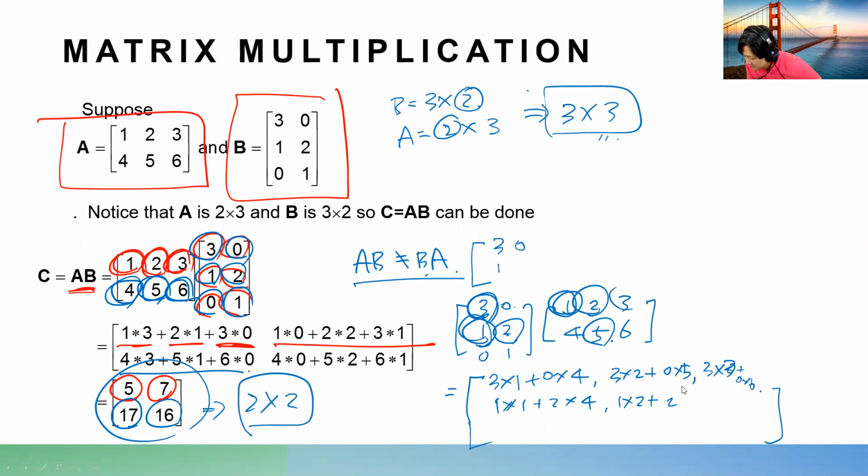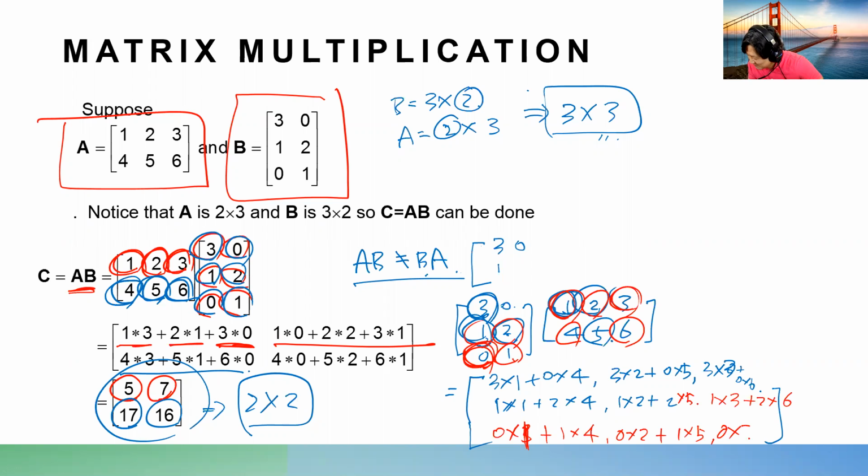And 1 times 3 plus 2 times 6. Then the third row: 0 times 1 plus 1 times 4, and 0 times 2 plus 1 times 5, and 0 times 3 plus 1 times 6.